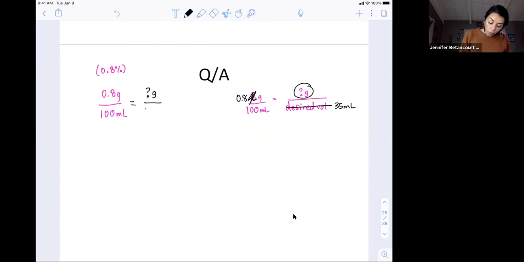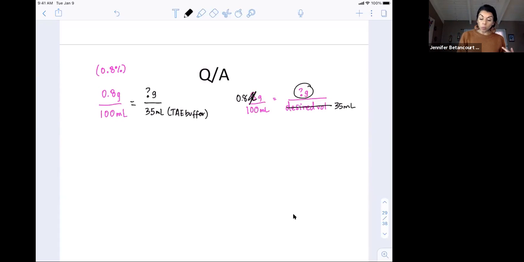Okay, and we know that we're going to make a total of 35 milliliters, and we're not mixing it in water, we're mixing it in TAE buffer. Okay, chicken scratch to solve it quickly on your own, no problem, but when some of your points come from showing your work, it needs to be really nice and clear.